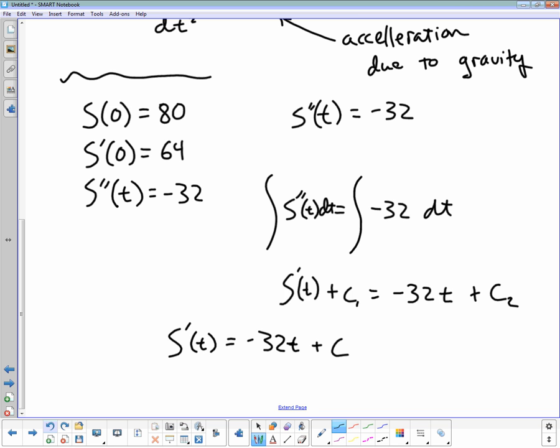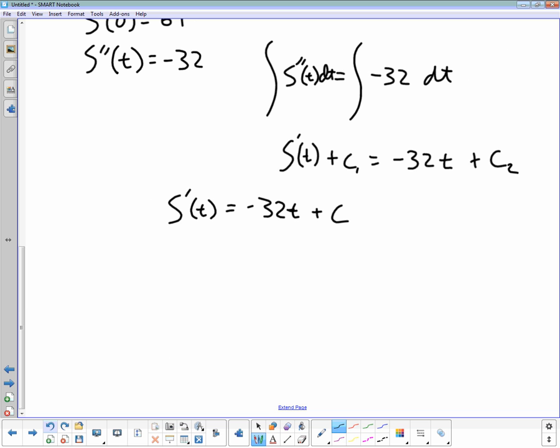Now we have an initial condition that we have to care about. We know that at 0, this function is equal to 64. Right? So now c is equal to 64. So this is an acceleration function, sorry, a velocity function.